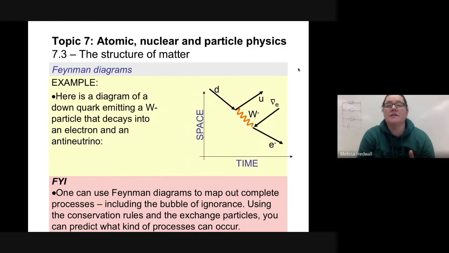And in the process of that, by the weak nuclear force, there's also your electron and anti-neutrino in the electron family that is released. And so you can map out the process, including all the different things that are happening, and then with conservation rules, you can predict what is happening within that.